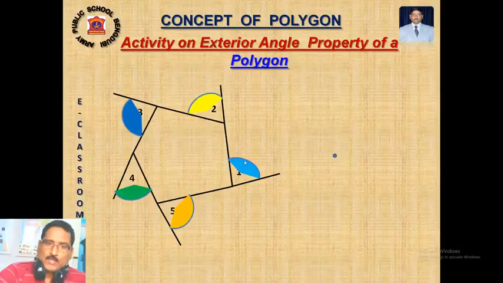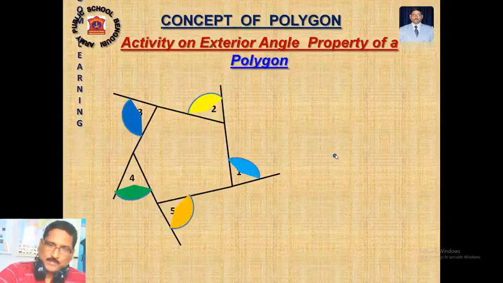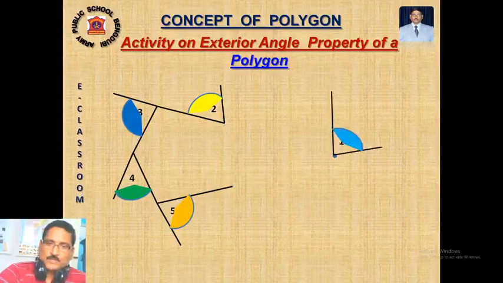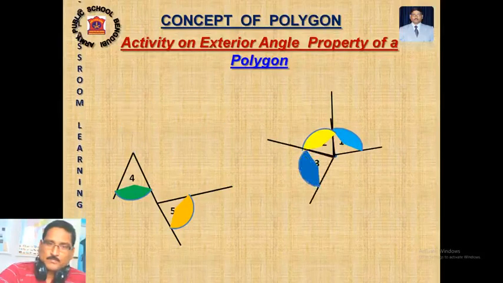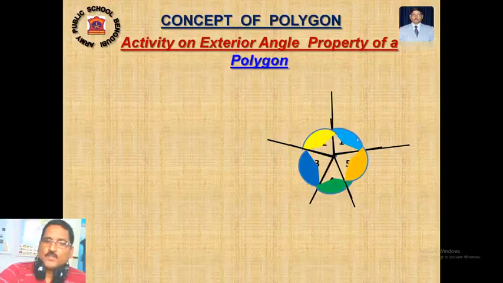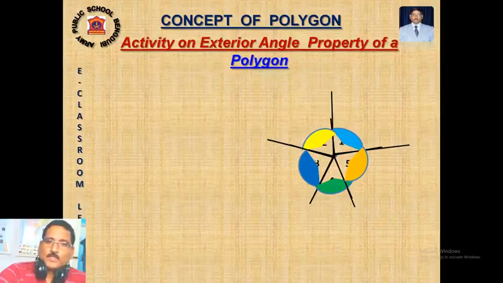First angle you cut and paste, second angle, third, fourth, fifth. It is forming a circle. That means the sum of the exterior angles of a polygon is 360 degrees. Though I have done it manually, you can see the clip to know how it is done.